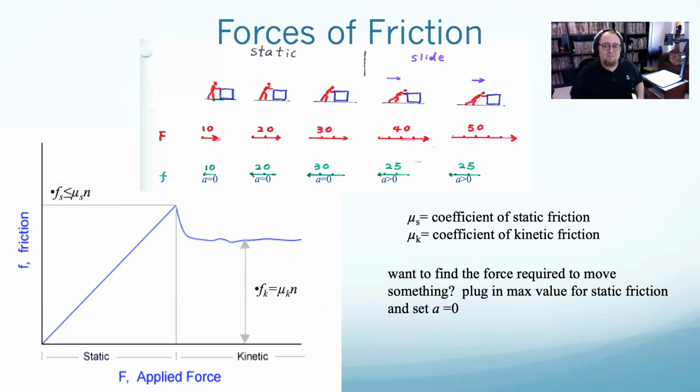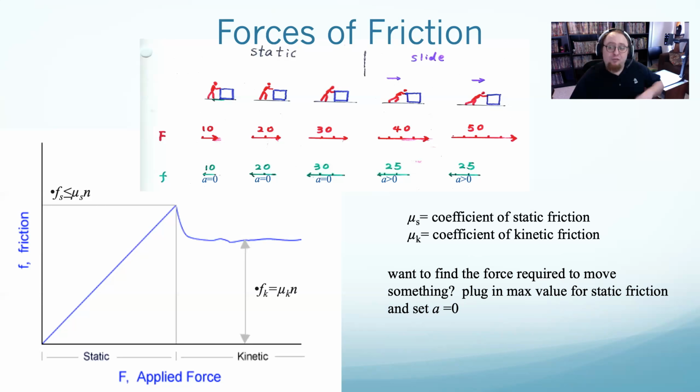Because when static friction is a max and acceleration is 0, that's when you're on the cusp of moving. That is the very limit. And so I'm going to sometimes get problems that say, what's the minimum force required to push this object? Solve for f of s is max and acceleration is 0 to do that.